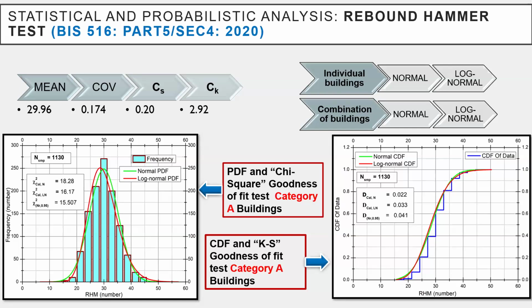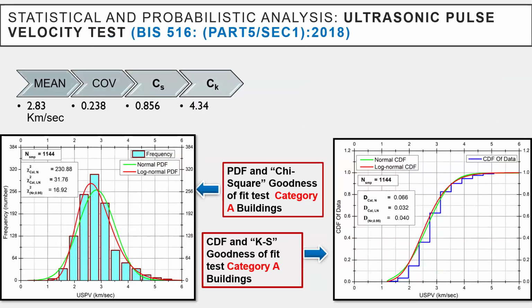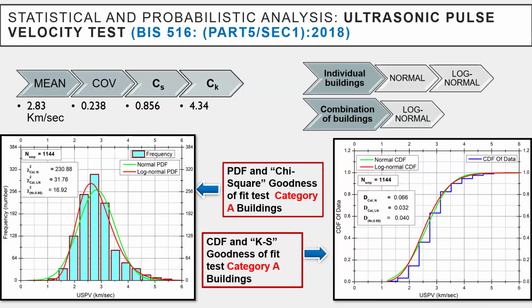We have applied both the chi-square test as well as the KS test. Based on these tests, we found that individual buildings follow both normal and log normal probability distribution, and the combination of buildings also follows both normal and log normal distribution. Then a similar exercise was carried out for ultrasonic pulse velocity.